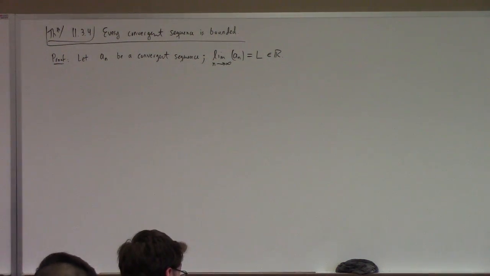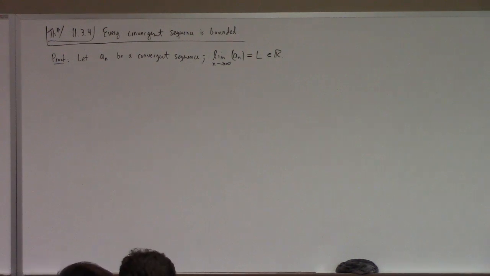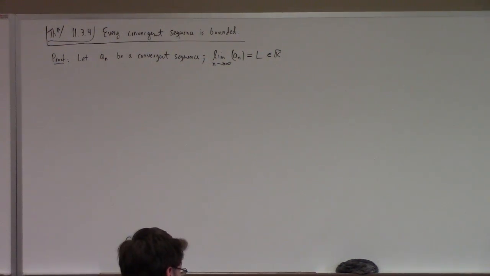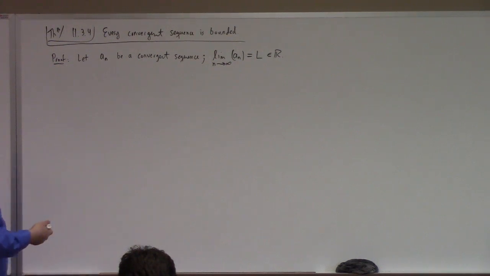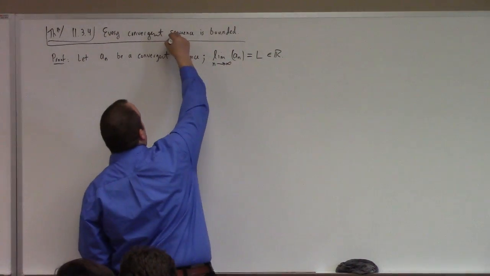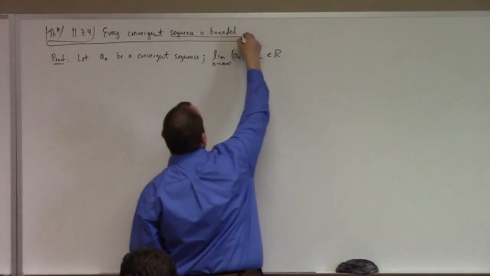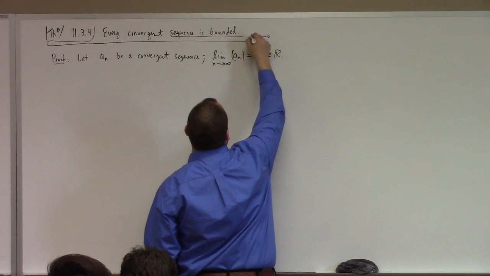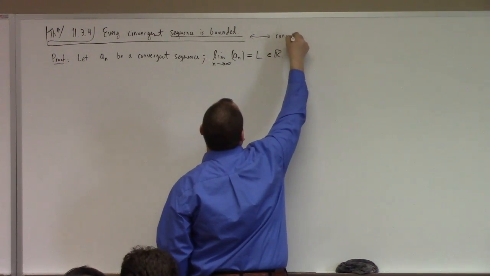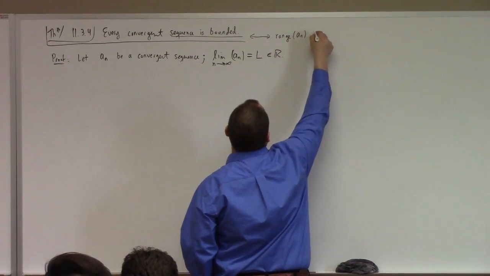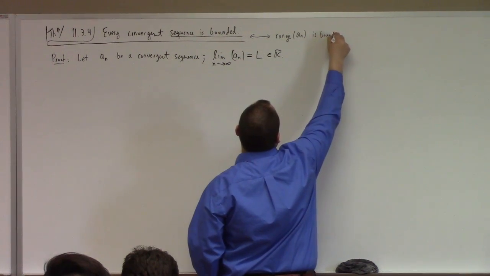Remember we defined what that means yesterday? So the limit exists. We're trying to show that the sequence is bounded, and like I was just telling you, we want to trade that for saying the range of the A sub n is bounded. That's what that means.